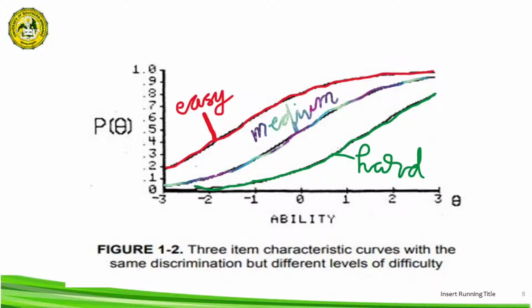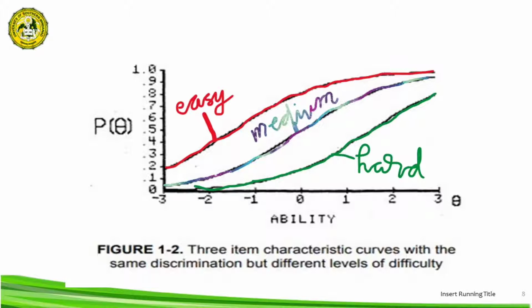So the center curve in the middle represents an item of medium difficulty because the probability of correct response is low at the lowest ability level, around 0.5 in the middle of the ability scale, and near 1 at the highest ability levels.